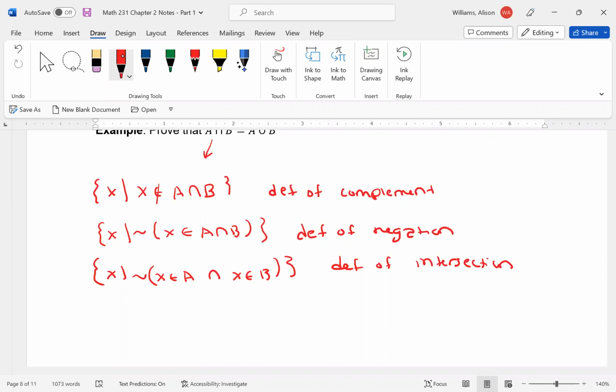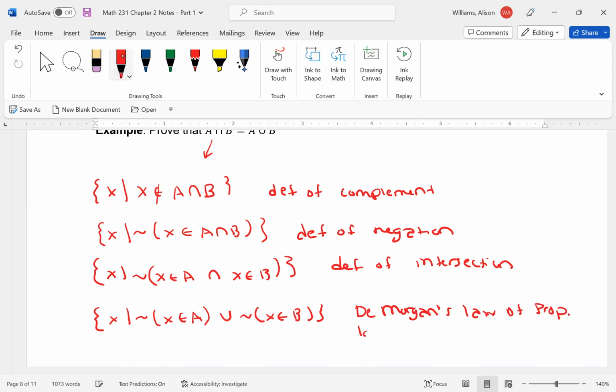So De Morgan's law says that if I apply the negation symbol to each of these, that switches this to or. So that's De Morgan's law of propositional logic. We talked about it before.